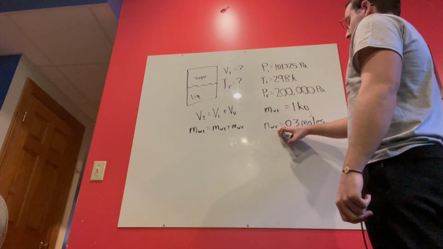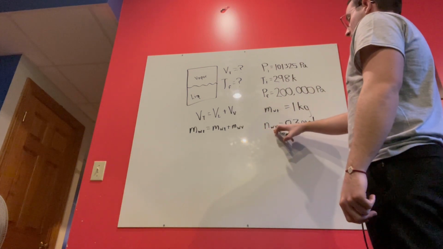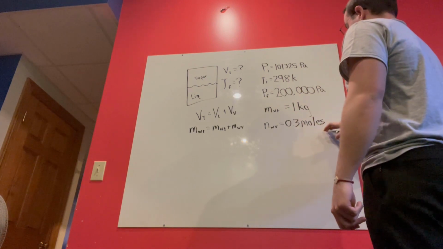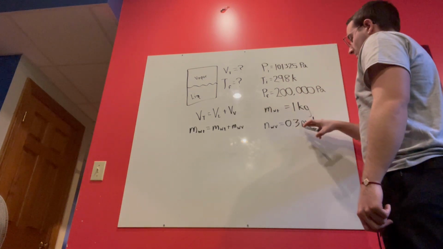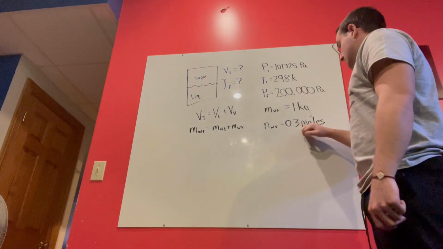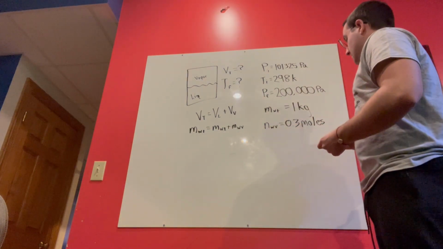And then we also know that this is the mass of vapor water in moles, and we can use the molecular weight of water to figure out what that is in kilograms.